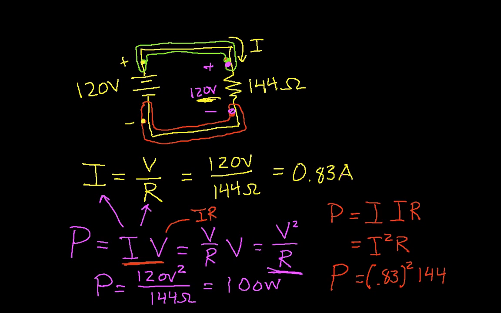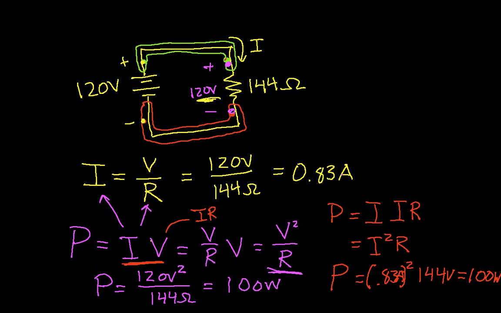So I take 0.83 squared and multiply by 144 ohms. And to the accuracy of my calculation, this turns out to be 100. Okay, so that's 100 watts. And I've been very sloppy here. This should be amps, and this should be volts.